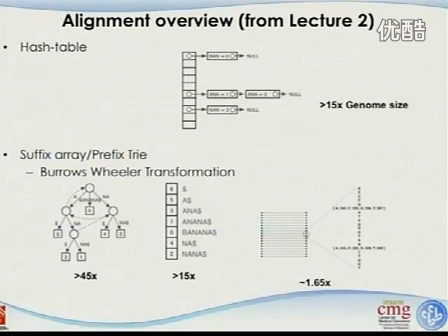The problem is that it can be slow, and the index sizes are pretty big, right? There's another type of strategy, the suffix tree or prefix tree type of strategy. You can see this is the prefix tree, this is the suffix array, and these are not really widely used because they hold a lot of memory. It's just too big. And most people are just using the Burrows-Wheeler transformation.